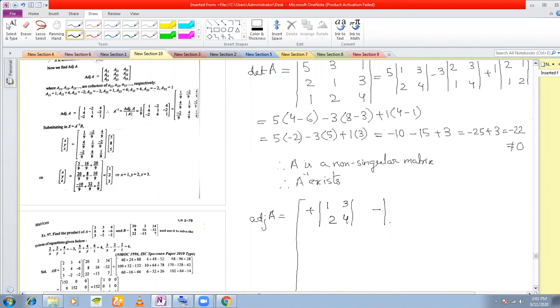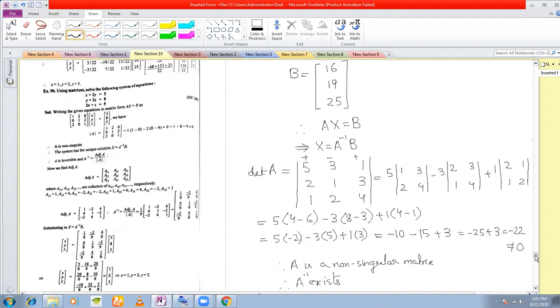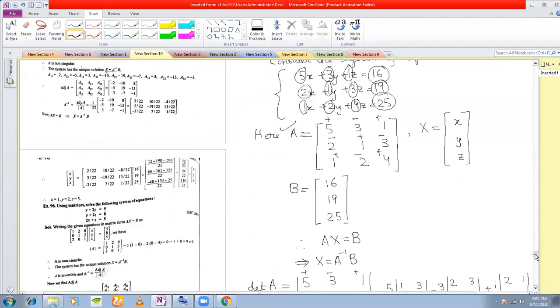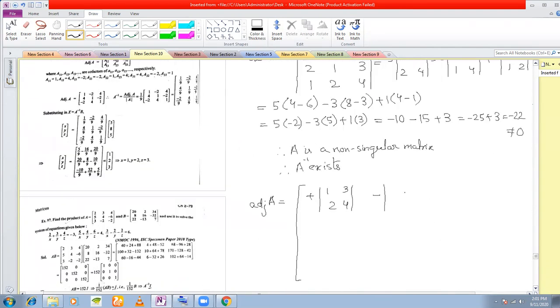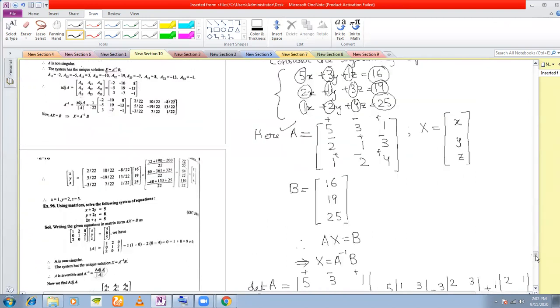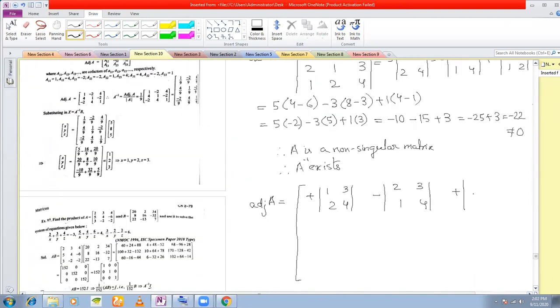Next a minus: the minor of 3 is 2, 3, 1, 4. Next, the minor of this 1 is 2, 1, 1, 2.